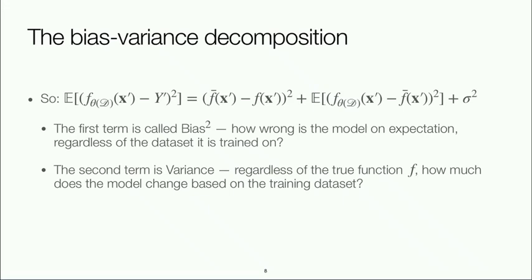It's just asking, for the model and algorithm that I specified, how different is that model going to turn out, every time I relearn it, compared to the average. So that's the variance in the learning procedure itself. Regardless of whatever the true function f is, how much does my model change based on the training data set?